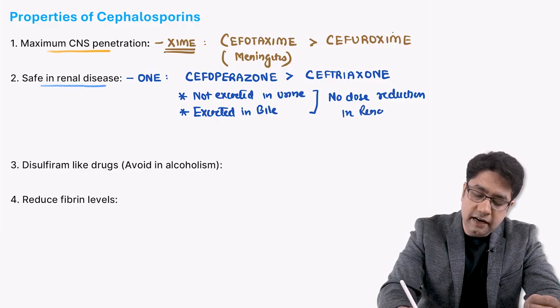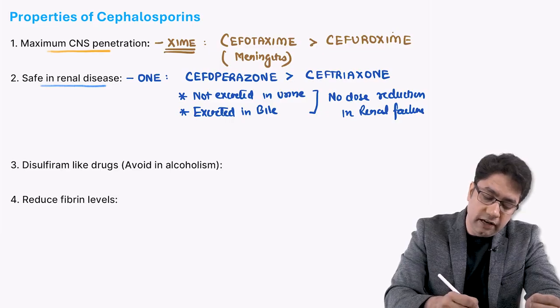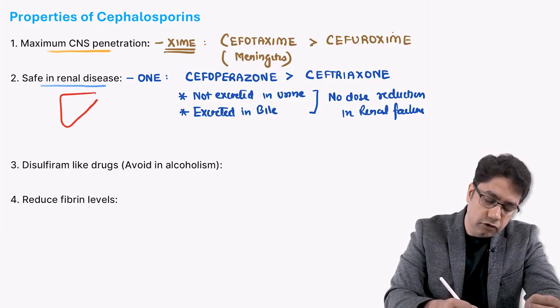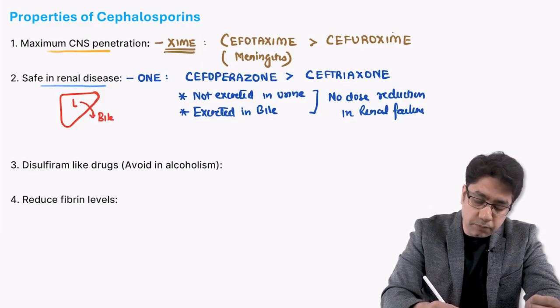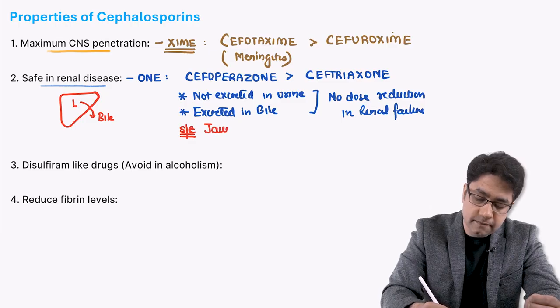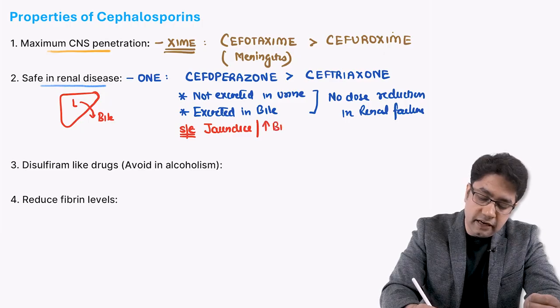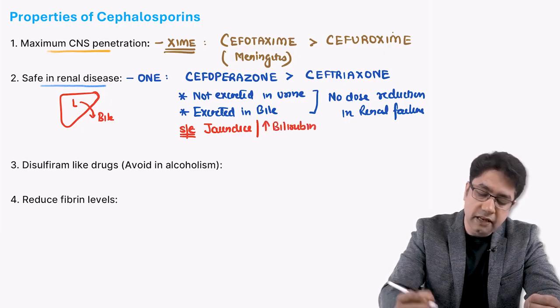But because they are excreted in bile through liver, bile comes through liver. So because they are excreted through bile, these cephalosporin has a side effect. These cephalosporins, they can cause jaundice or hyperbilirubinemia. They increase bilirubin level.